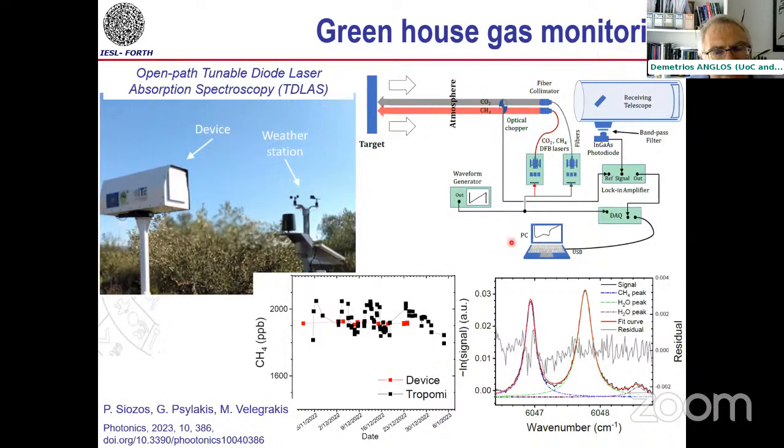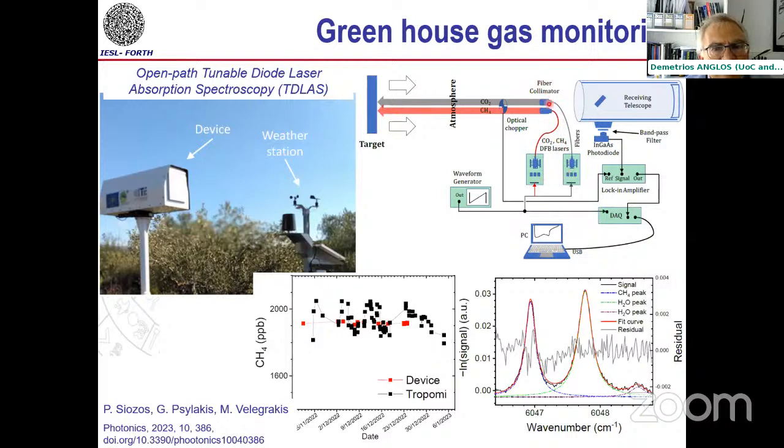Basically, by using different types of infrared lasers, they can probe various gases like CO2, methane, water and other things. The idea here is that you have the different lasers.